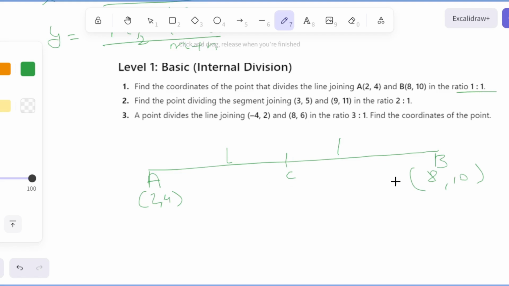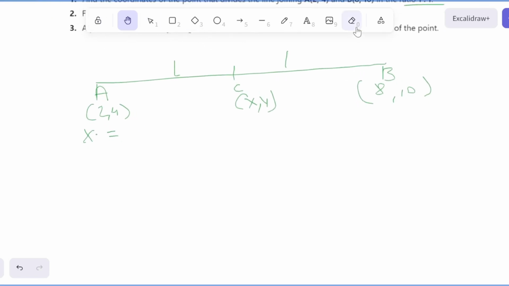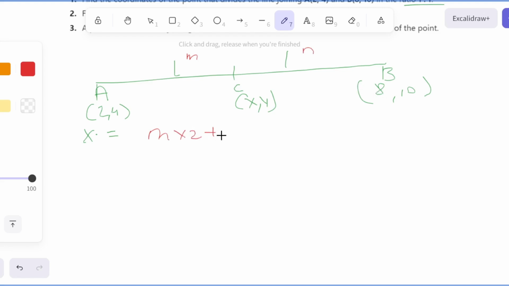The same way we'll do it. I told you the formula: let these coordinates be x, y. So x will be equal to, as we know the formula, m times, this is our m, this is our n. So m times x2 plus n times x1 divided by m plus n.